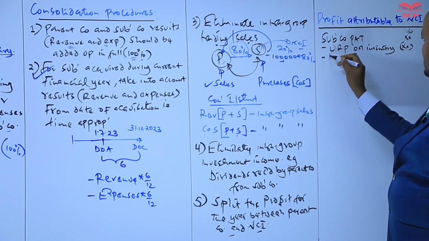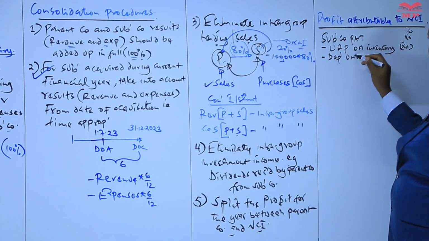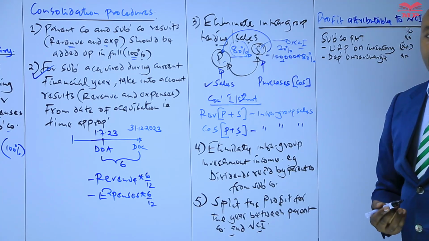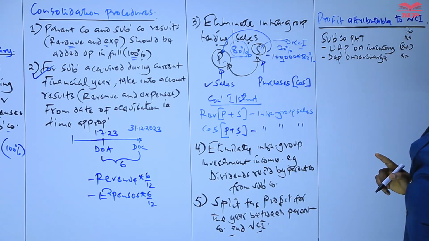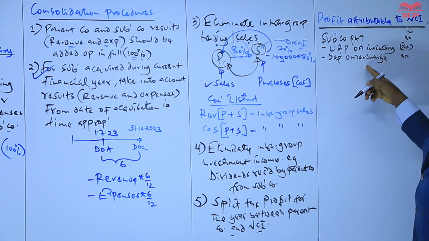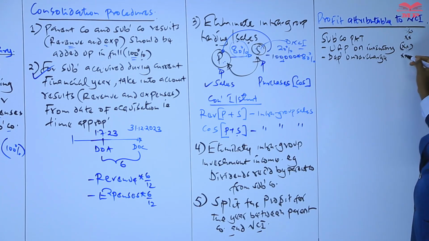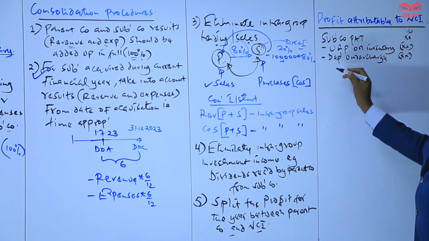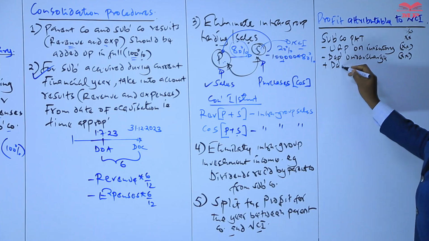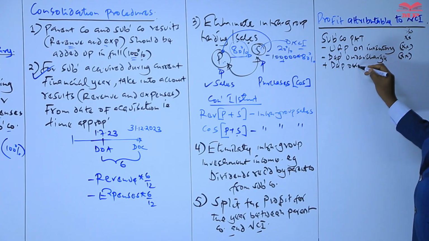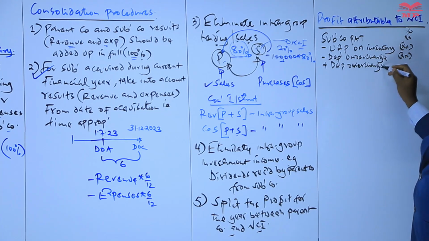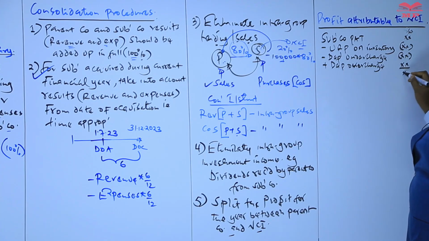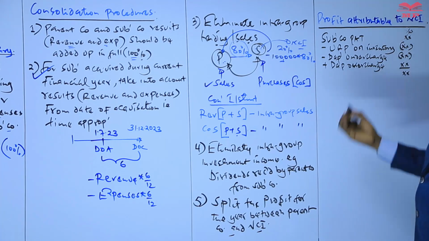If this company had any depreciation or other charge during the current financial year as a result of the fair value exercise, this is something we discussed in our previous session, as a result of the fair value adjustment, that depreciation or other charge should also be deducted here. If this company, for example, had any depreciation overcharge, mostly due to intra-group sale of non-current assets, that one should be added there. And then you get now the adjusted profit for the year.